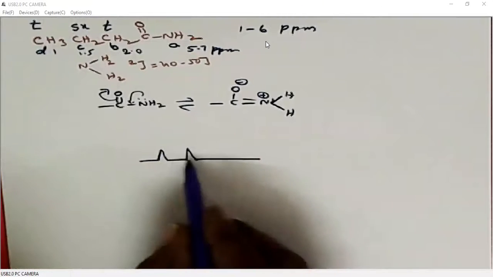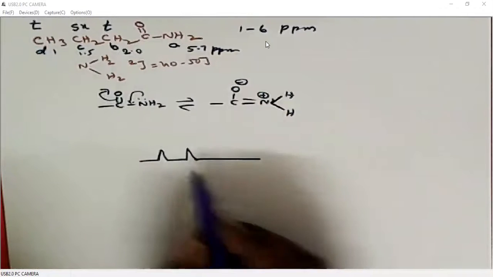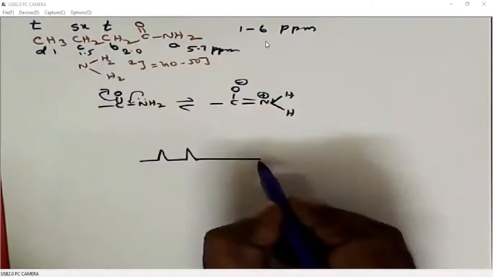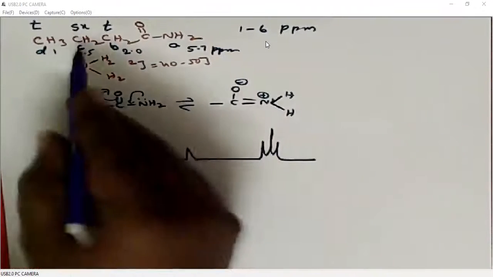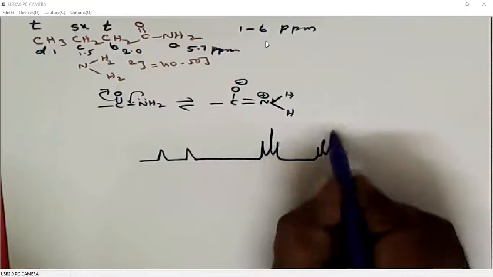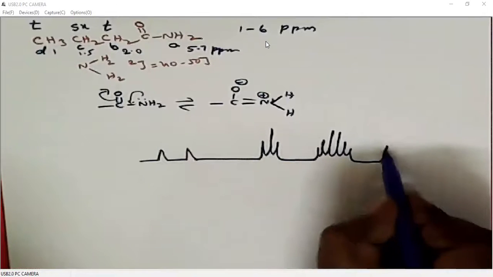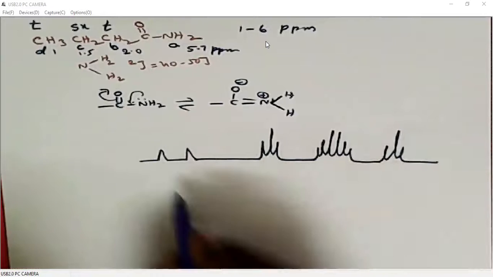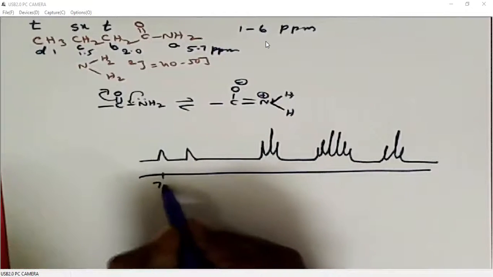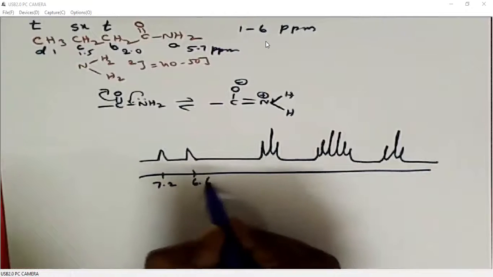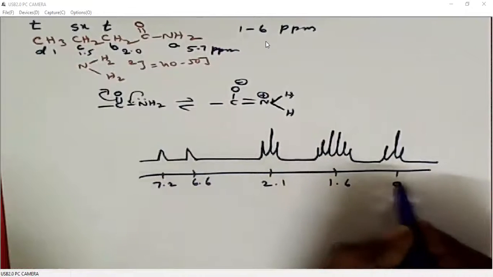So these two are the hydrogens present on the amide nitrogen. Then this gives a triplet, and then we have a sextet, 3, 4, 5, 6, and then again a triplet. When we look at the exact delta values, it is 7.2, 6.6, 2.1 ppm, 1.6 ppm, and 0.9 ppm.